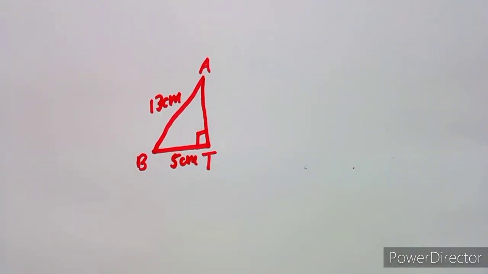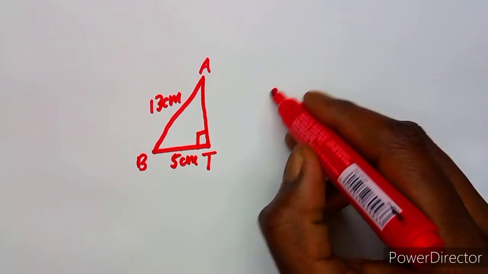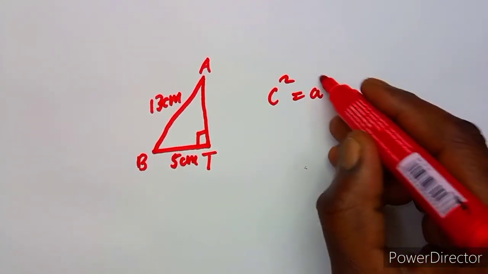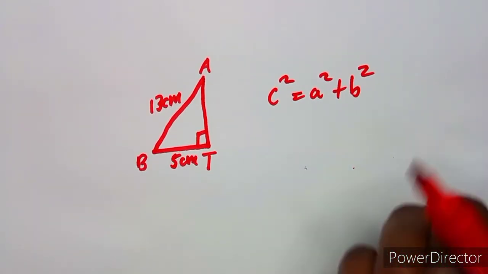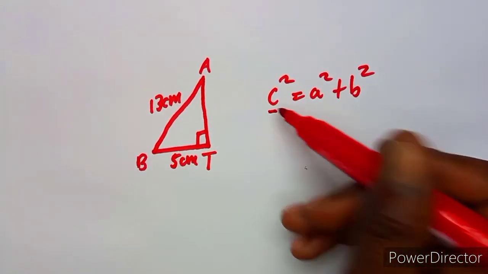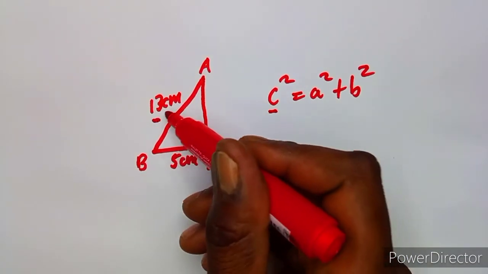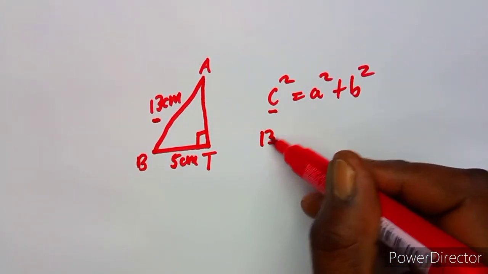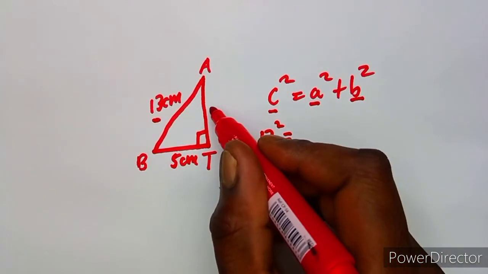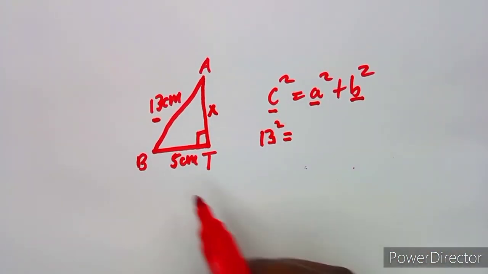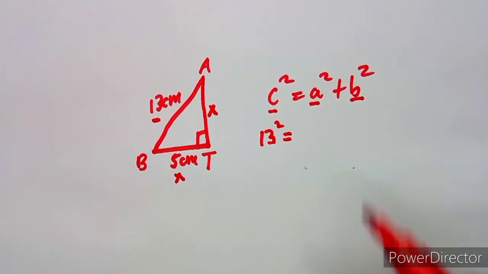As you can see, guys, it's a clear right angle triangle, so we are back again to the concept of Pythagoras theorem. C squared is equal to A squared plus B squared. In this case, C is the hypotenuse, which is the longer side, which is 13. So it's going to be 13 squared is equal to A and B, the shorter sides, which are this AT that you want to calculate and this 5 that you're given.